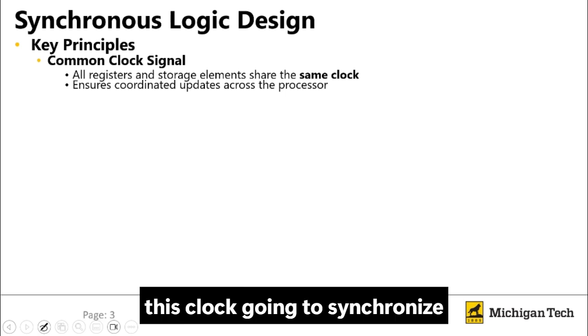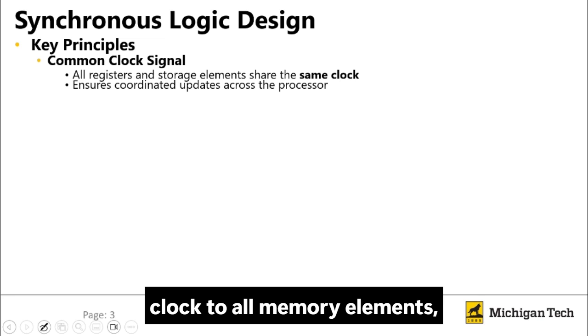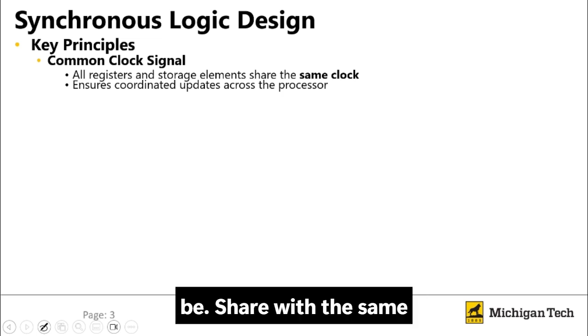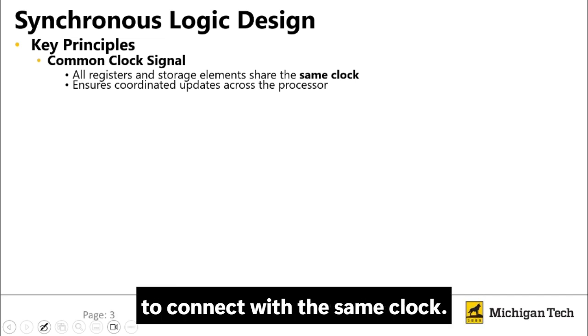And this clock is going to synchronize everything. So we need to connect the same clock, one clock, to all memory elements, registers, and memory as well. This is important. They all need to connect with the same clock.